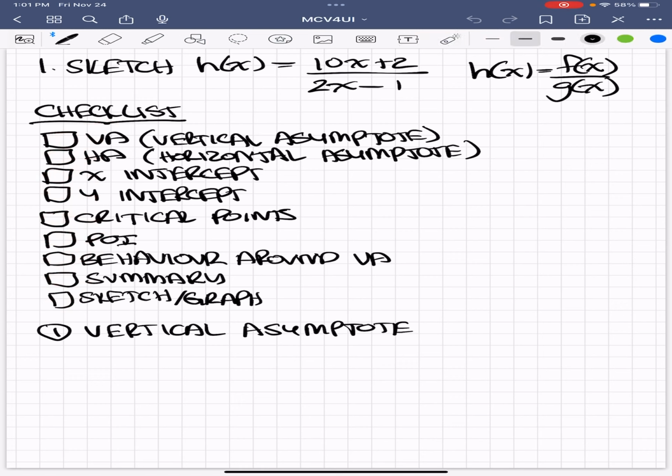So for vertical asymptotes, it's the zeros of the denominator. Set the denominator equal to 0 and solve for x.